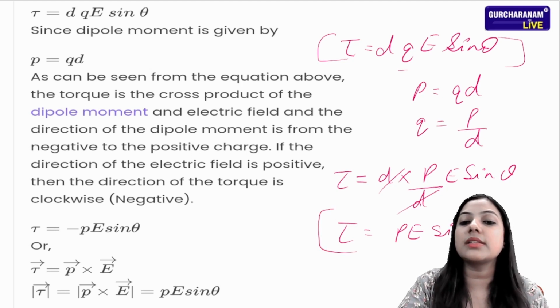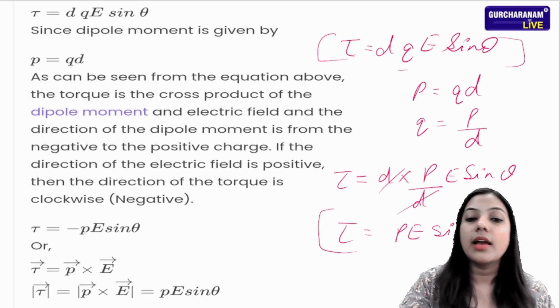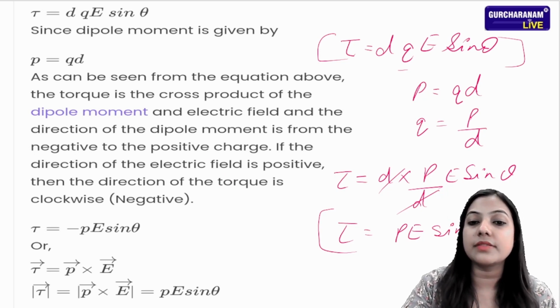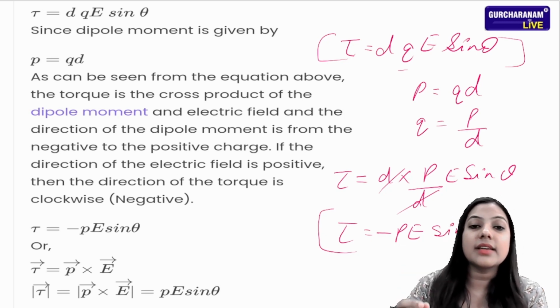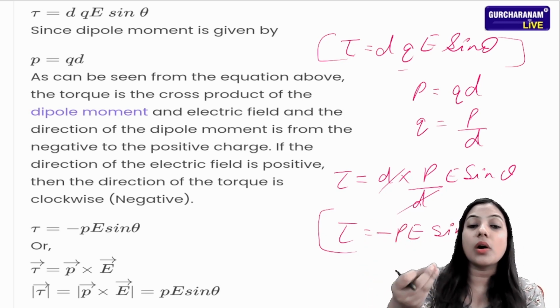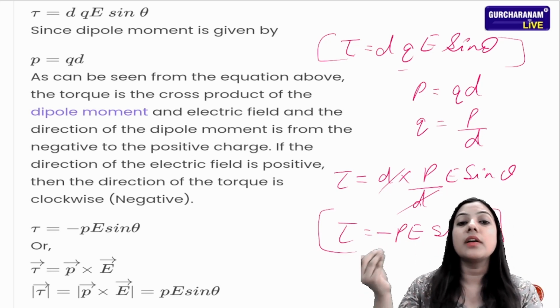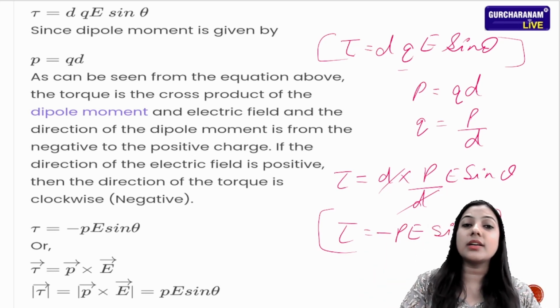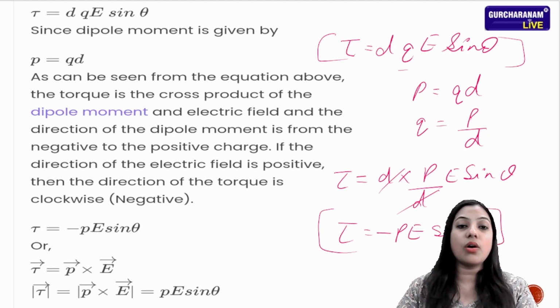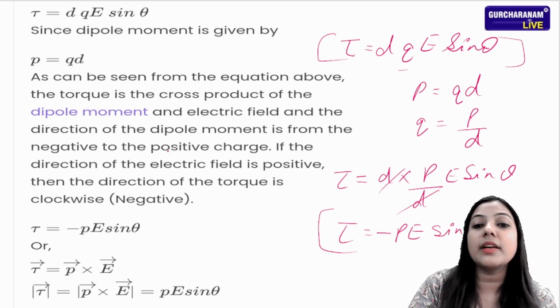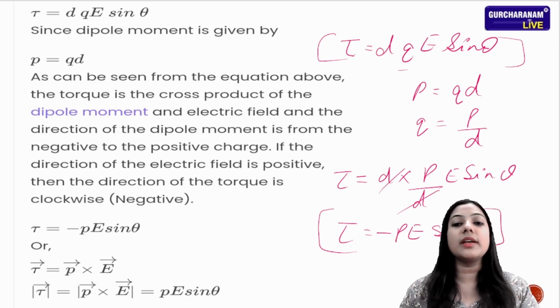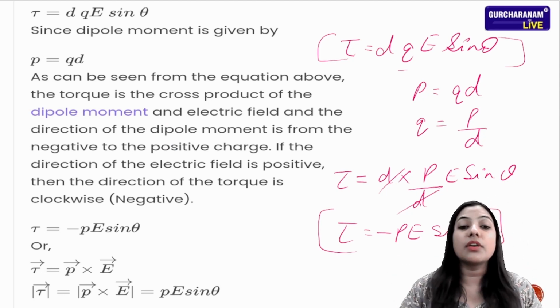Torque is equal to PE sin theta, and here there is a negative sign. Why? I'm giving the reason. As can be seen from the equation above, the torque is the cross product of dipole moment and electric field. The direction of the dipole moment is from negative to positive charge.